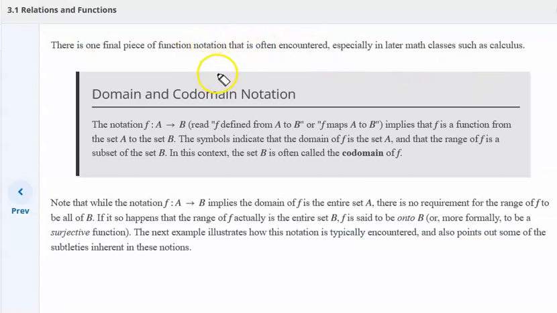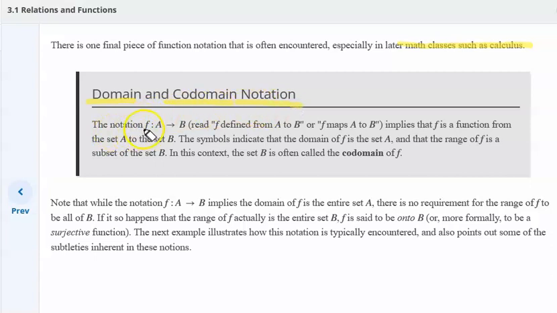Now as we look at this next portion, this is sort of critical for future math classes, such as calculus, that some of you may be moving into. So, domain and codomain notation.